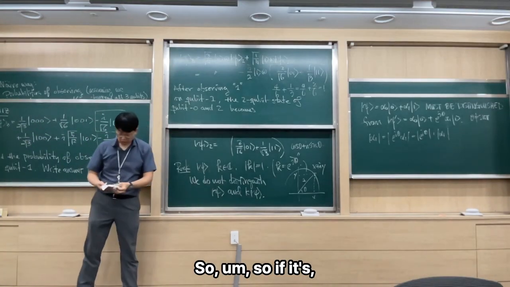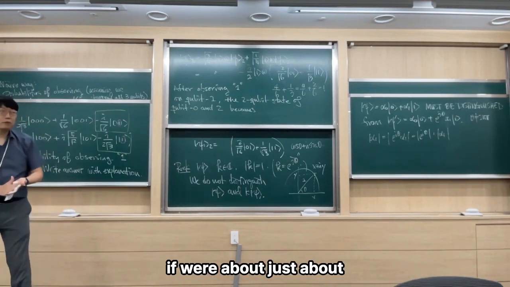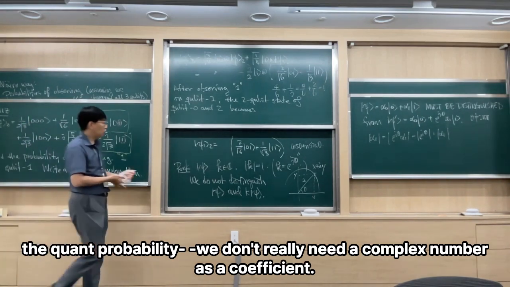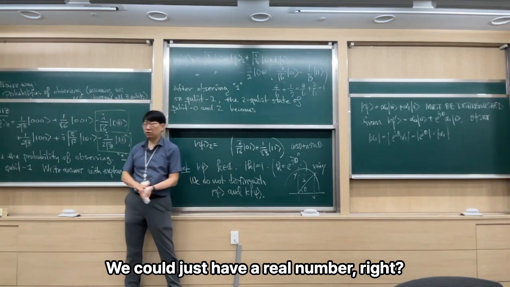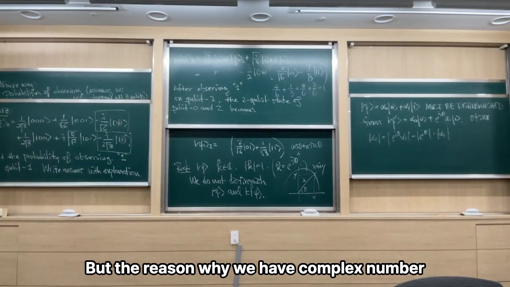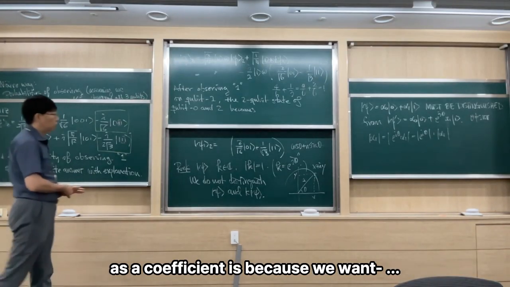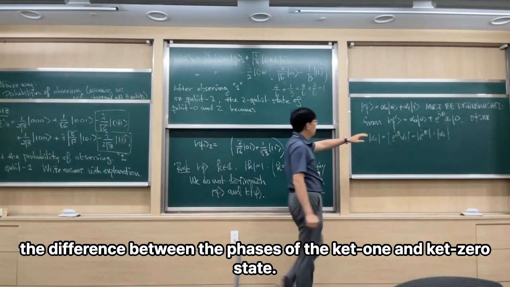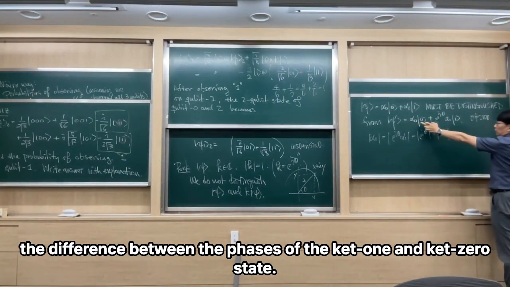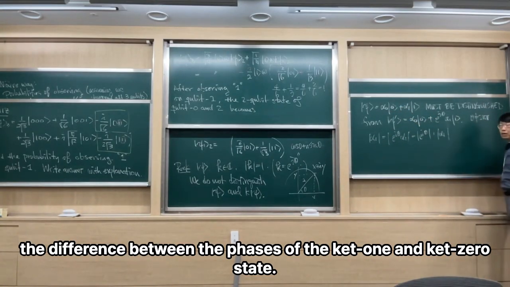If it were just about the probability, we wouldn't really need a complex number as a coefficient. We could just have a real number, right? But the reason we have a complex number as a coefficient is because we want the difference between the phases of the ket 1 and ket 0 state.